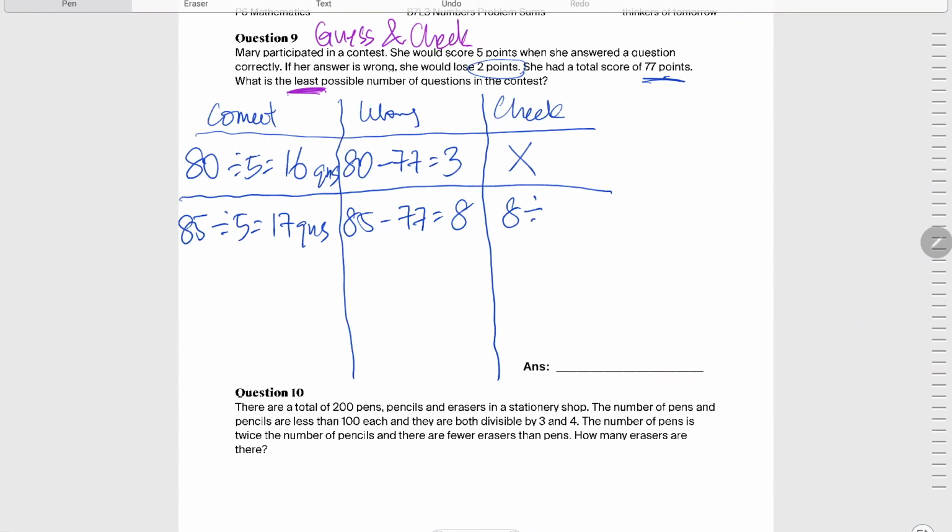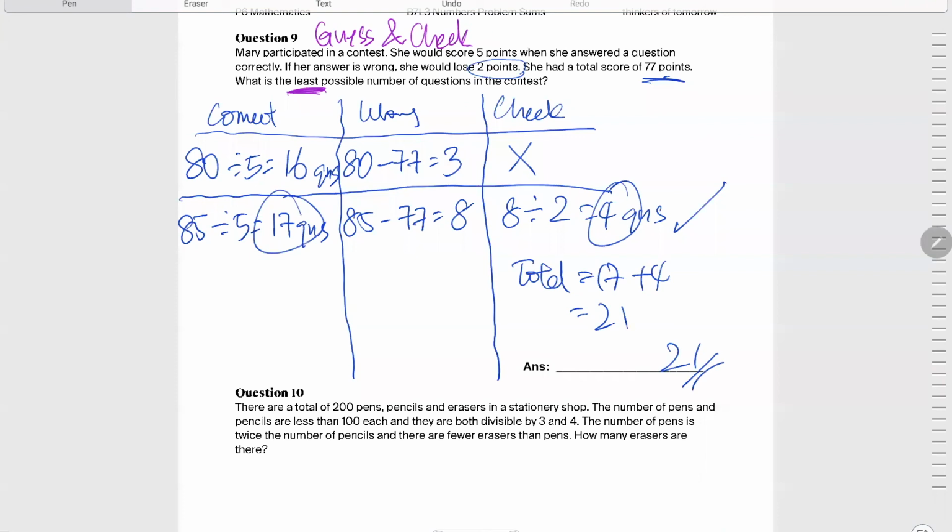If every one question deducts 2 points, if I take 8 divided by 2, I have 4 wrong questions, and this is a nice whole number. Which means that the total number of questions would be 17 plus 4, 21.